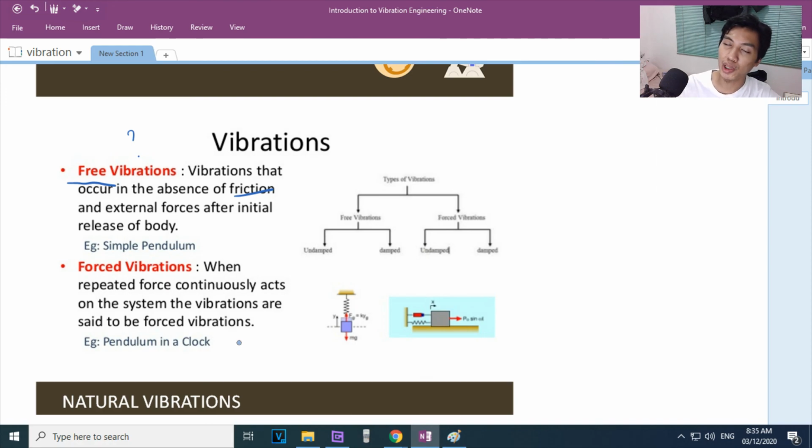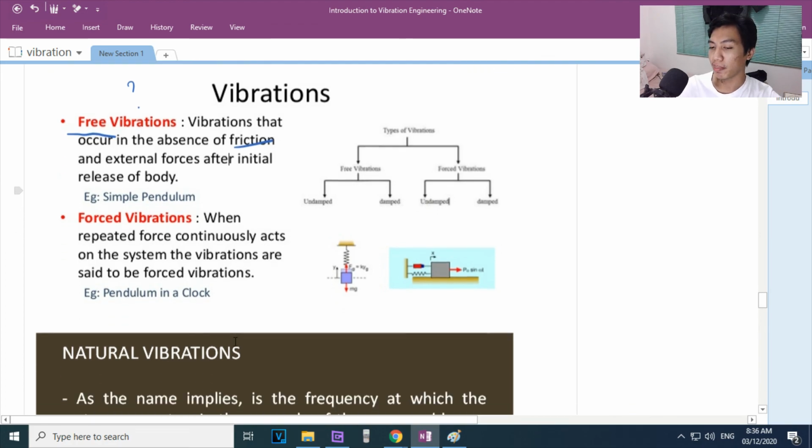And then at some point, the stored energy there is lost. Okay? So from time to time, you move the pendulum.